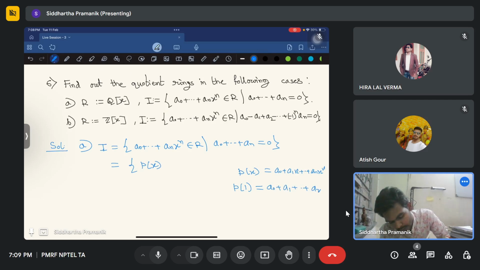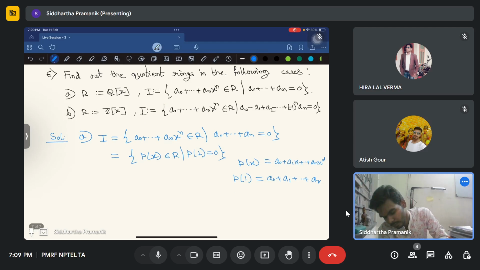So this is P(x) belongs to R such that P(1) is equal to 0. Okay, if you are still not convinced, then you can try to prove that these two sets are equal. I mean, both are subsets of each other. Just try to prove it.